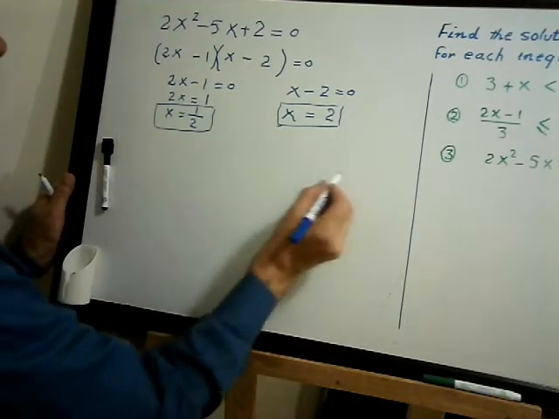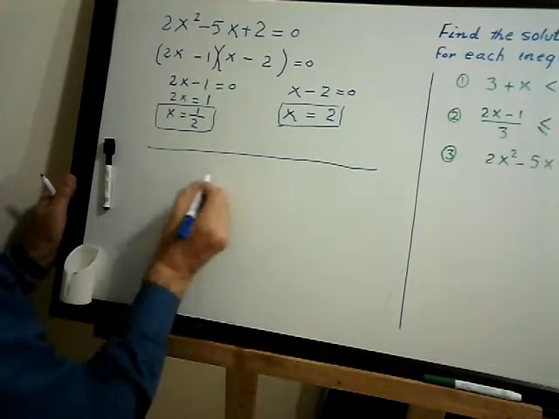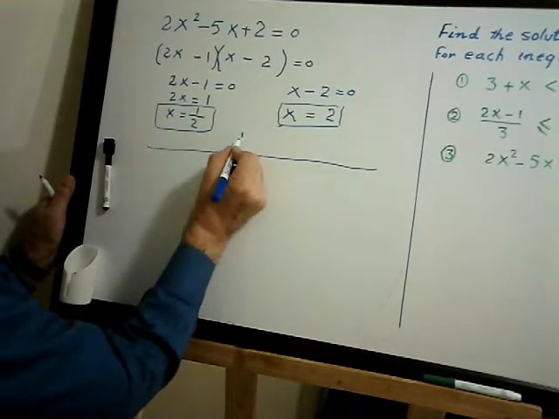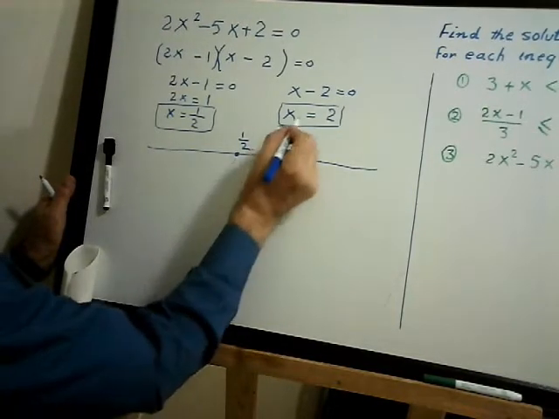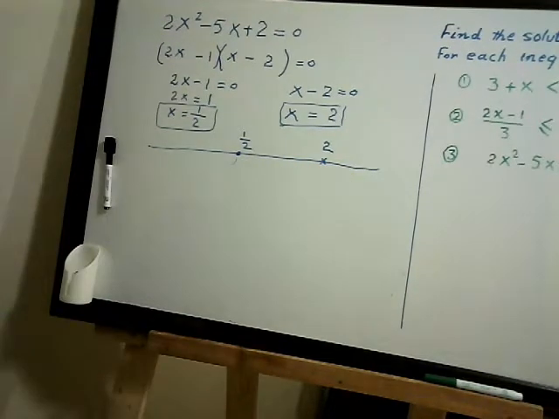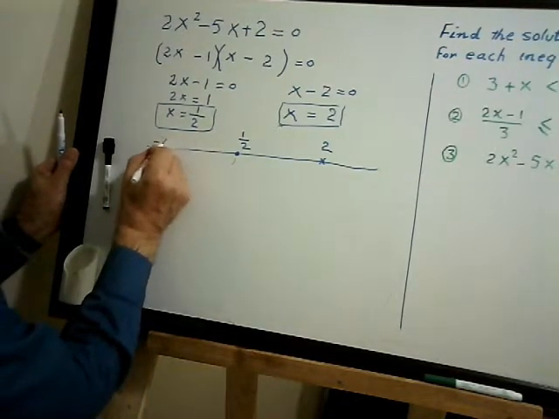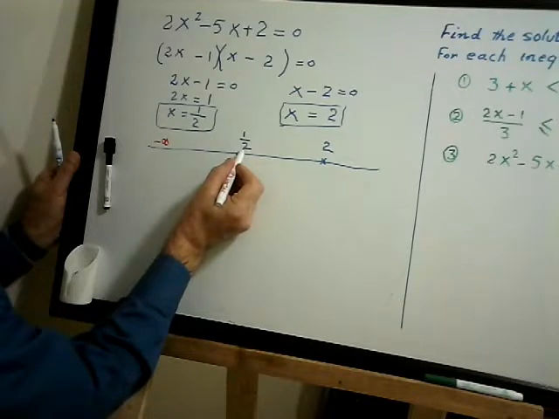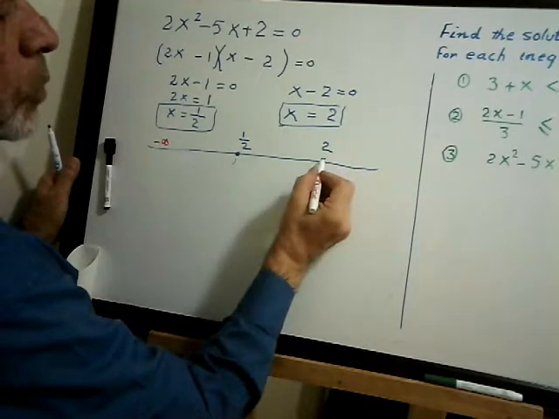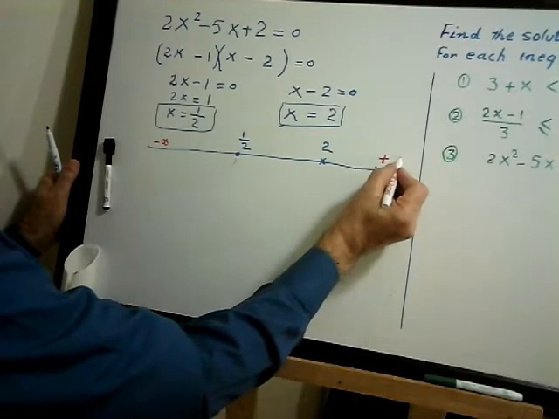We can represent that on the real number line. Here you see x equal to 1/2, and here x is equal to 2. This part is from negative infinity to half, the other is from half to 2, the third is from 2 to positive infinity.